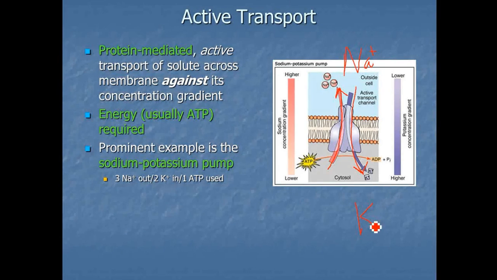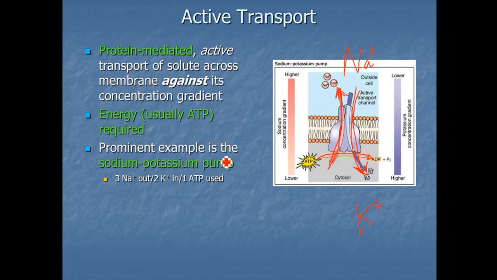So the sodium-potassium pump, or the sodium-potassium ATPase, consumes ATP, consumes energy, and in doing so, it moves 3 sodiums out and 2 potassiums in. And the importance of this we'll talk about when we talk about action potentials in muscles and in neurons. So the sodium-potassium pump is a great example of active transport.